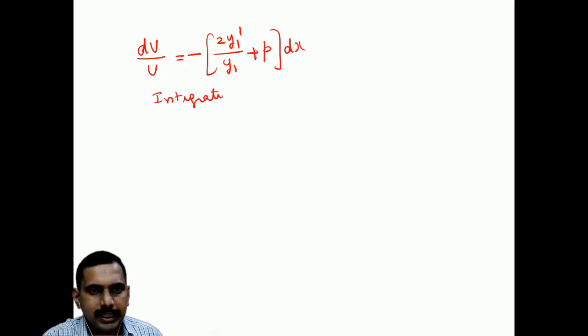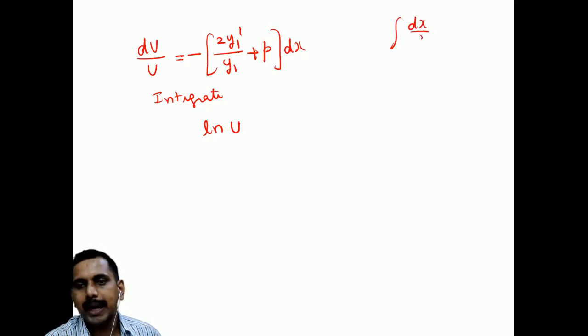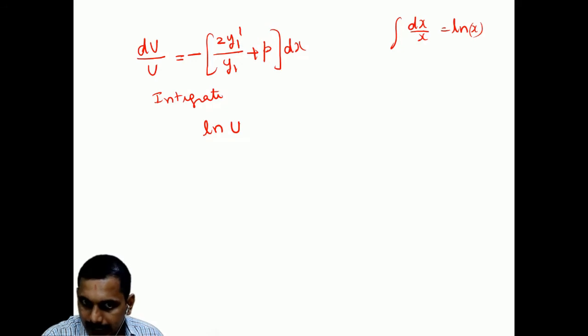When you integrate du by u, you get log of u, correct? Because integration of dx by x is equal to log x. So similarly, du by u is equal to log u. Here y dash by y is similar to dx by x.